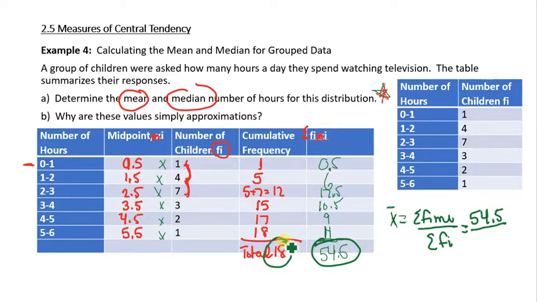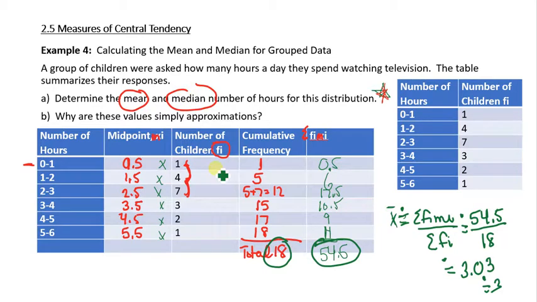The total number of kids is 18. So the average number of hours that these children watch is, I get 3.03. Let's just round to 3. And that's just approximate. If you notice there's a dot on top of this equal sign, it's just approximate because, again, we used the midpoint to approximate that number.